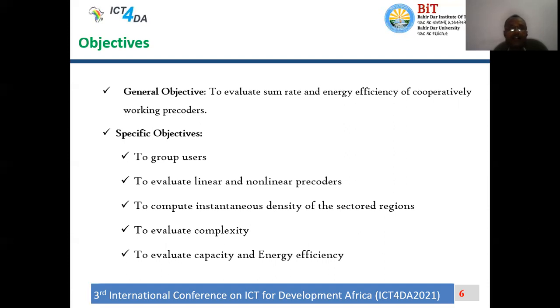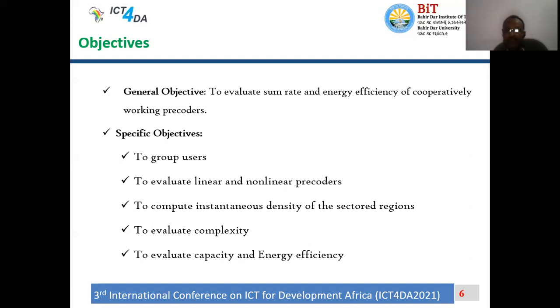So to achieve this general objective, we'll be grouping the users within the cell, within the large cell or the cluster cell. We'll be evaluating linear and nonlinear precoders to identify which is better, and computing the instantaneous density of the sector cells, since our basis is the density, which is used to calculate the complexity of the system.